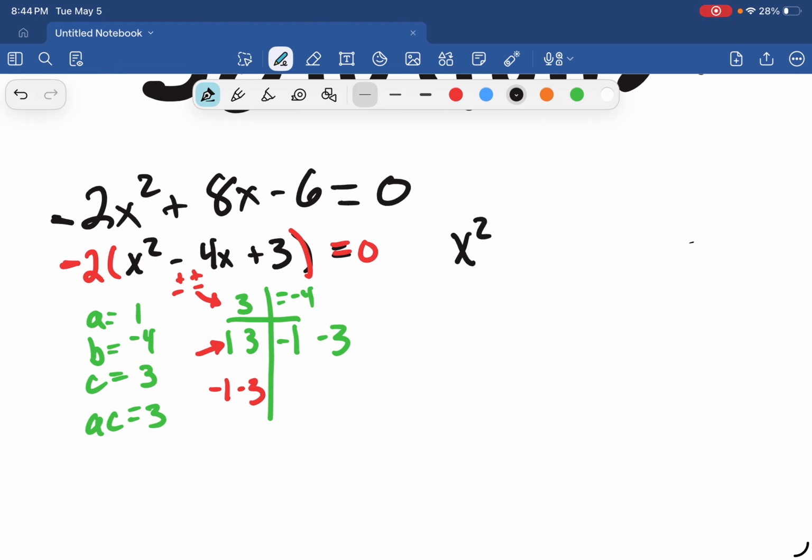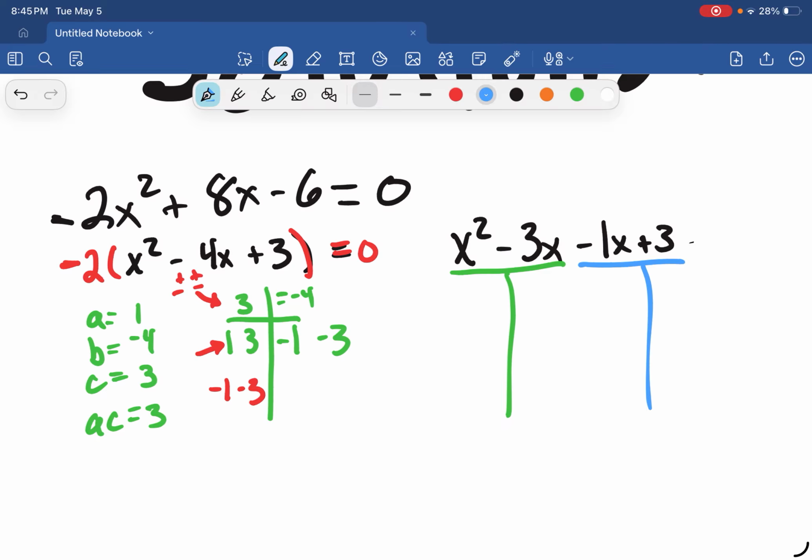All right, so I have x squared minus 3x minus 1x plus 3. And again, the order in which those two middle terms happen does not matter.